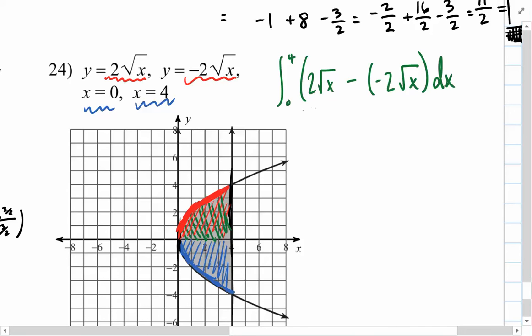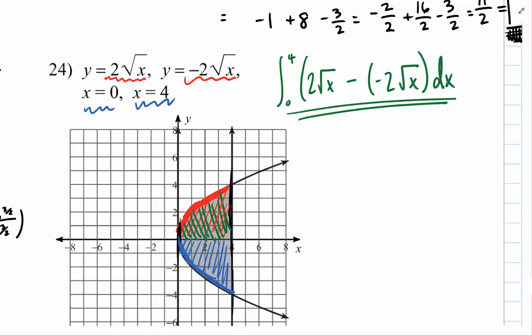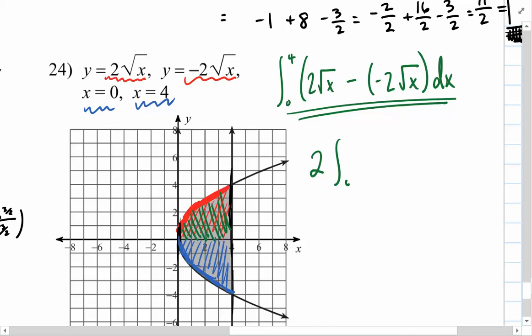And I encourage you to calculate it this way, and then go back and check your work by calculating it this way, doubling the integral from 0 to 4 of just the upper function. These two should come out to be the same. Let me know what you think.